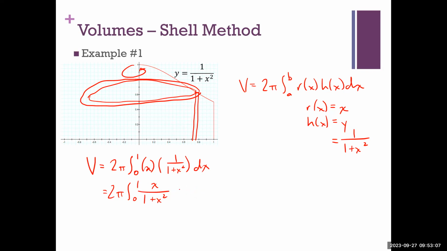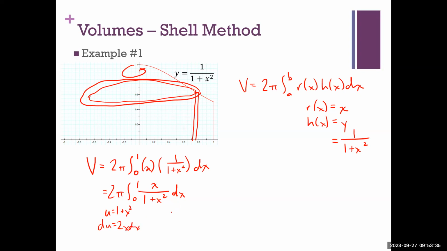Is this an integral I can do? How? U substitution? What would you want to use for u? Okay, if we do u equals 1 plus x squared, then what is du? 2x dx.